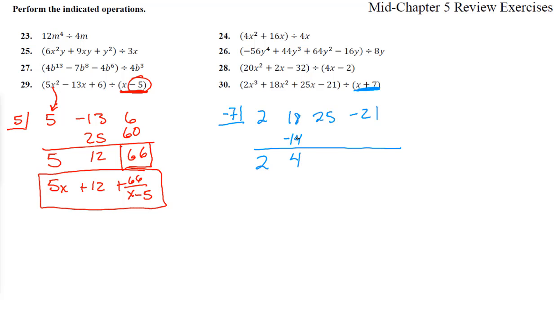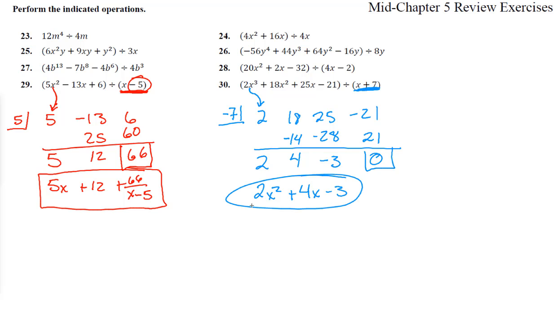Or 18 plus a negative 14, I should say. Negative 7 times 4 is a negative 28. 25 and a negative 28 is a negative 3. Negative 7 times negative 3 is a positive 21. Oh, look at that. Came out nicely. Now this was an x cubed, so now it's an x squared. So we get 2x squared plus 4x minus 3, and that is the solution.